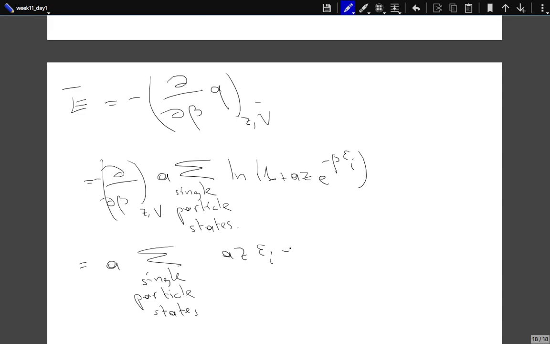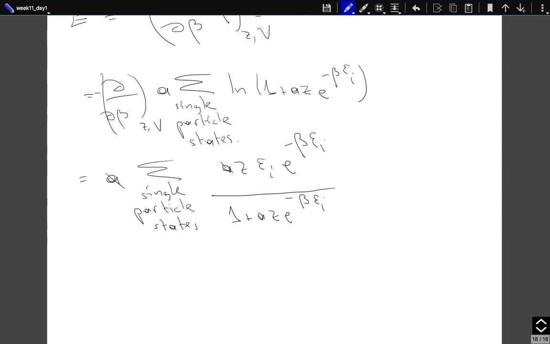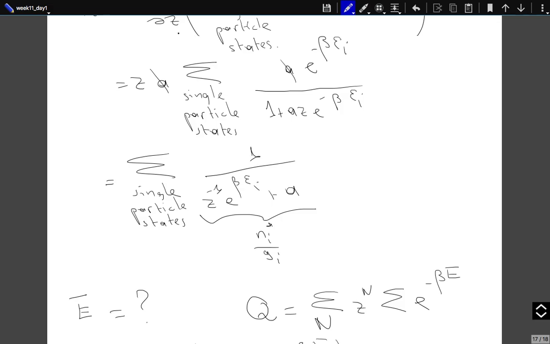A times z times e to the power minus beta epsilon i, divided by 1 plus a times z times e to the power minus beta epsilon i. Again, a squared is just 1. The average energy just turns out to be the sum over, again, single particle states of epsilon i over z inverse e to the power plus beta epsilon i plus a. Again, compare this with the term over there.